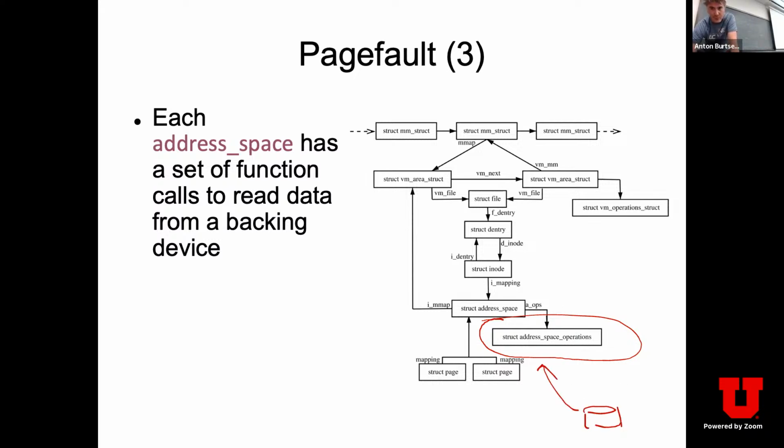Yeah, and it will be from a file, right? And we will come back to swap. We'll take a look at the organization of a swap device. I don't really know whether this swap is handled here or through these operations, so it may be different, right?